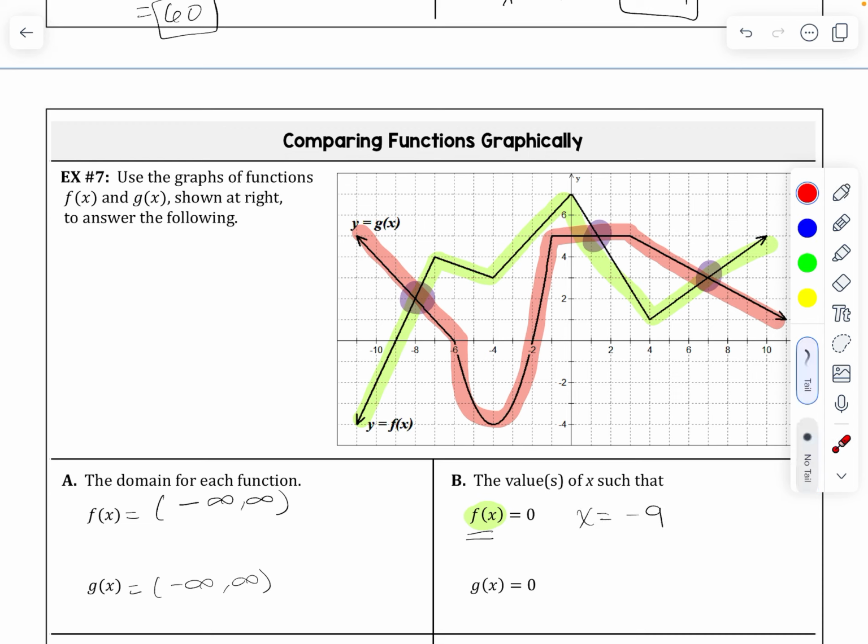Same thing for this next one. Where does g of x equal 0? That's this graph right here, and we want to know where it crosses the x-axis. It happens here and here, okay? That's where x is negative 6 and x is negative 2.